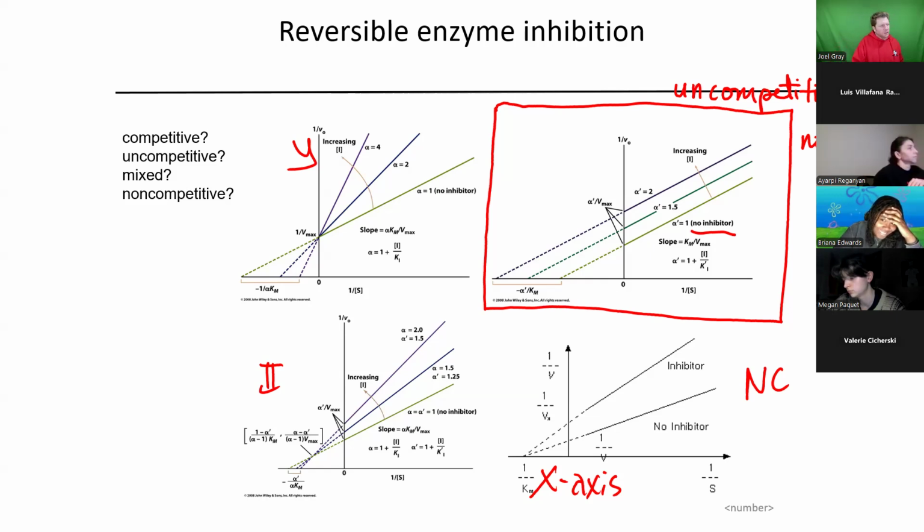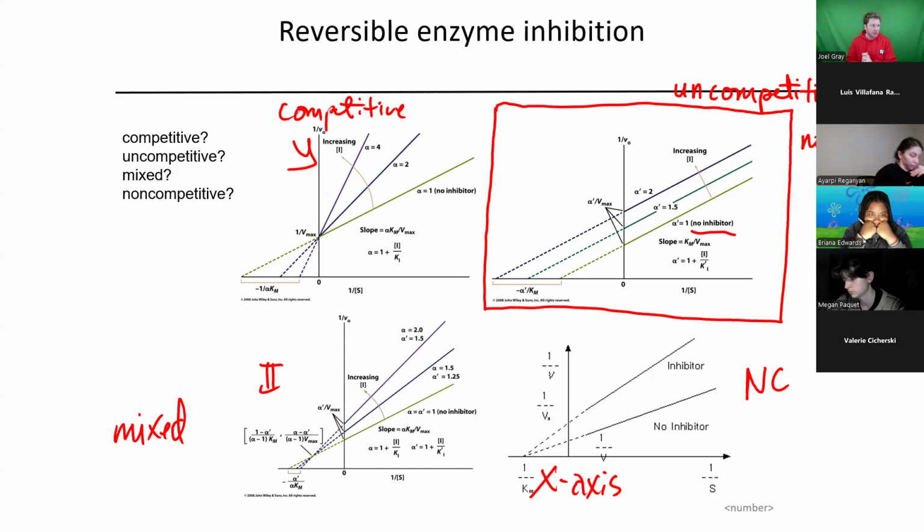Then we've got our y-axis. This is our competitive. So we've got our competitive, our uncompetitive, our non-competitive, and then last but not least is our mixed inhibitor. Those 4 different graphs: we have no intersection, which is indicative of an uncompetitive inhibitor.